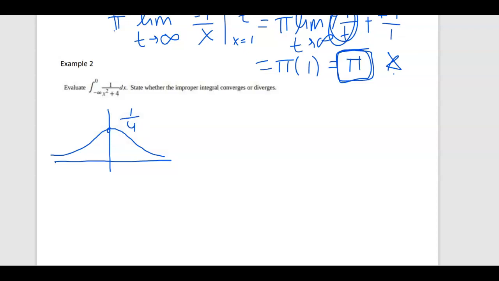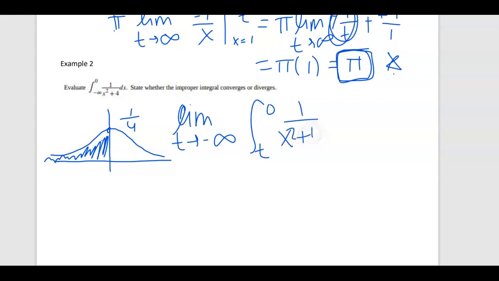And so I want to add up this area from negative infinity to 0. So we're going to say that's the limit as t goes to negative infinity of the integral from t to 0 of 1 over x squared plus 4 dx.